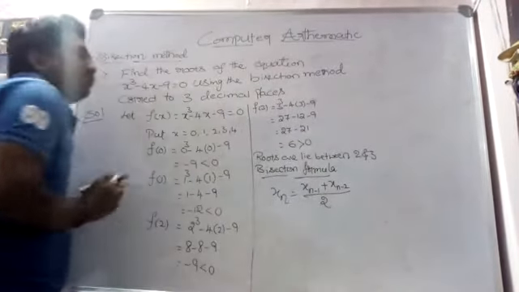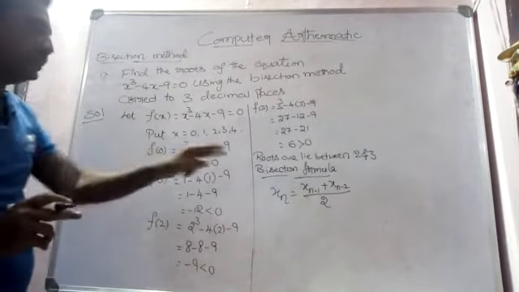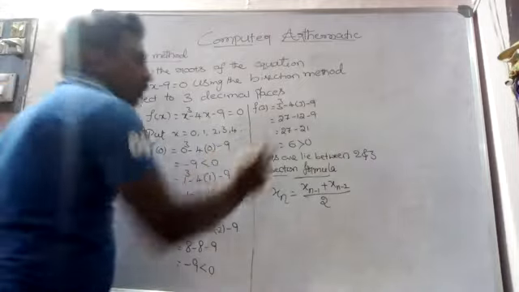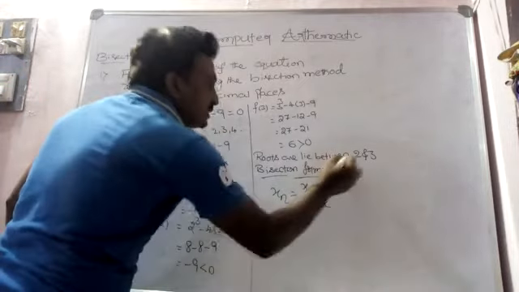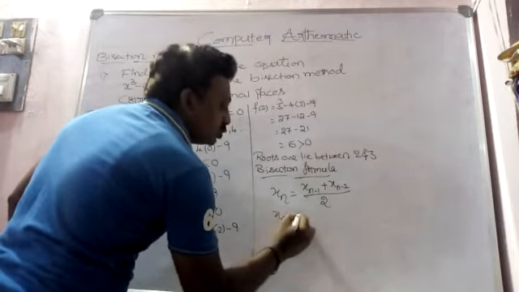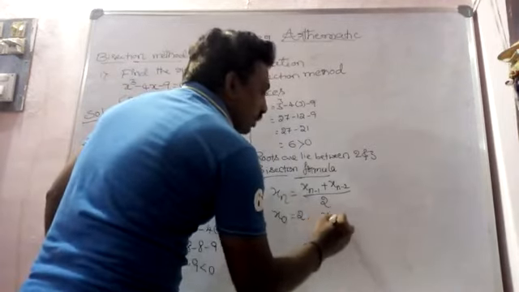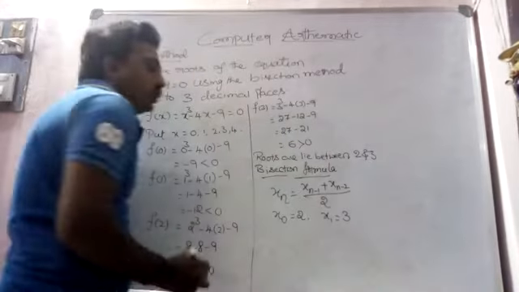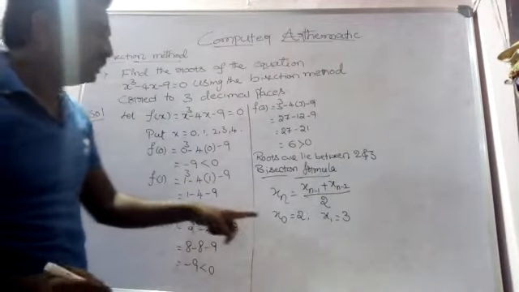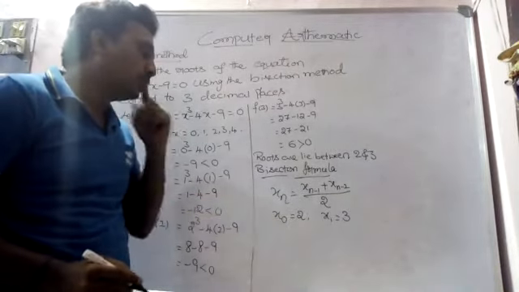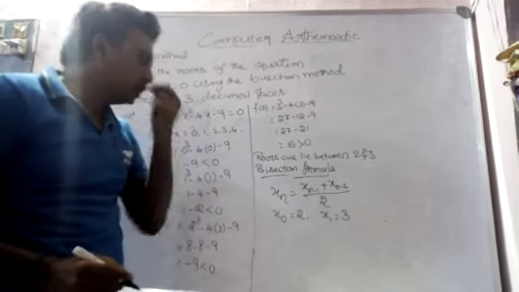Now we apply this formula, where x naught equals 2 and x1 equals 3.